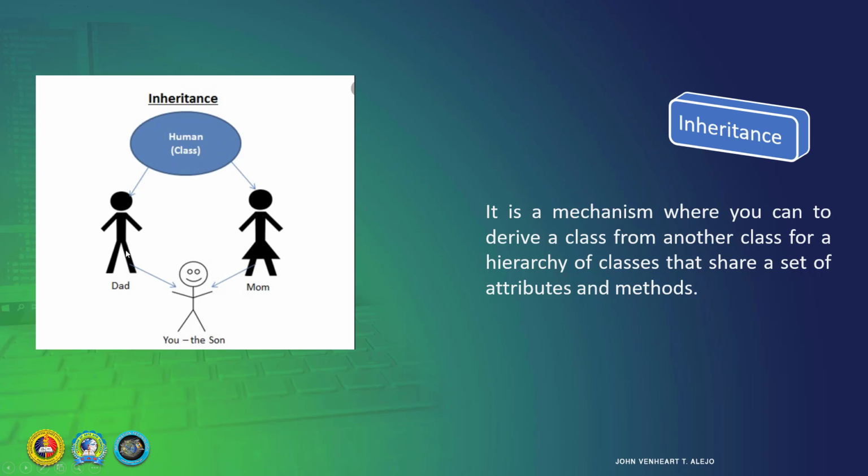So you don't need to create name, address, gender again. You don't need to rewrite that code. All you need to do is inherit whatever is in the human class. Then all you need to do to make it a student class is add course, year level, scholarship. That makes that class a student.